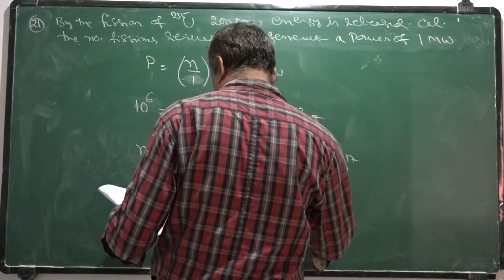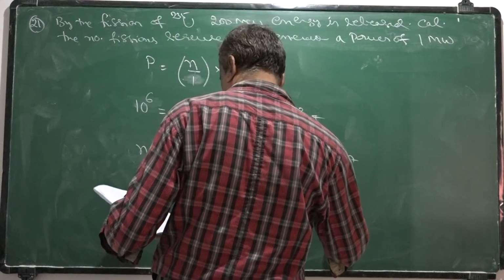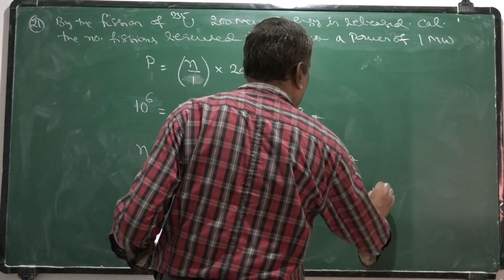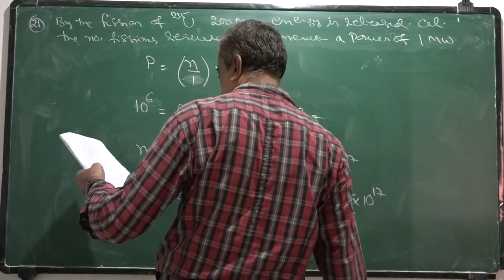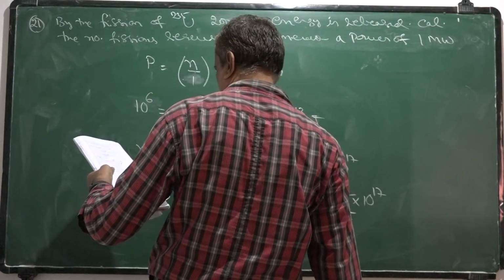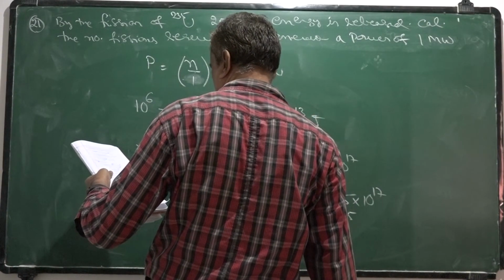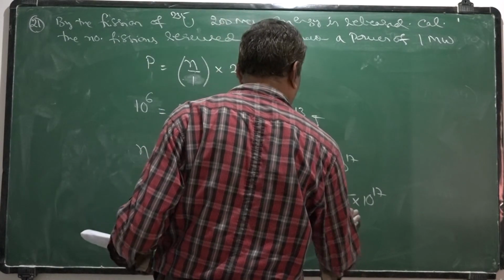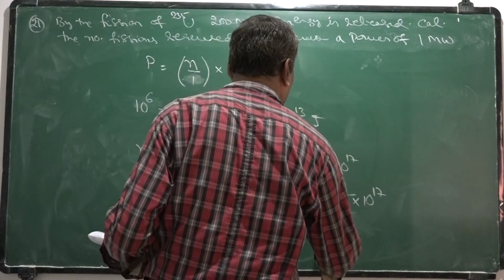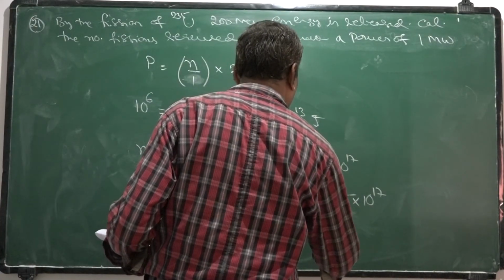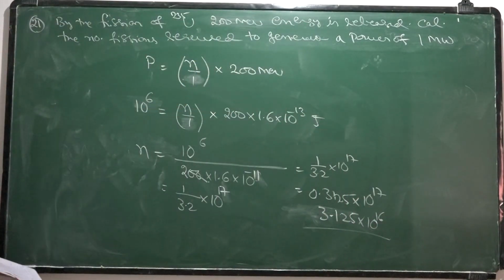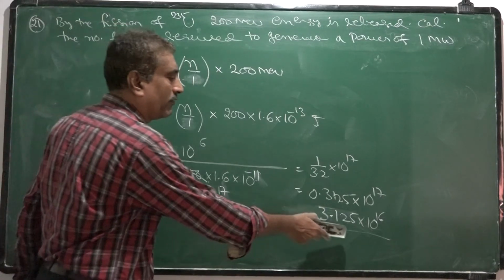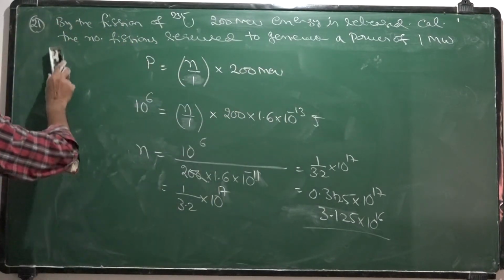That is, on calculation we get 0.3125 into 10 to the power 17, that is 3.125 into 10 to the power 16. So this many number of fissions are required to generate 1 megawatt power.